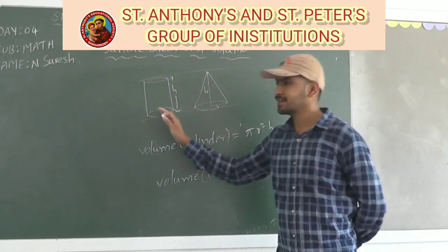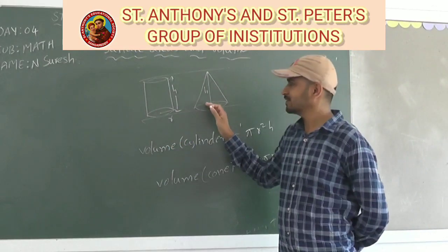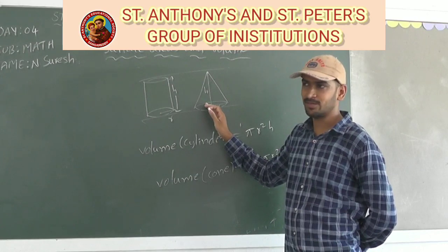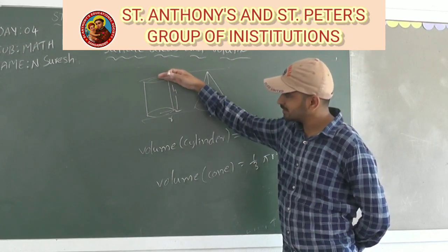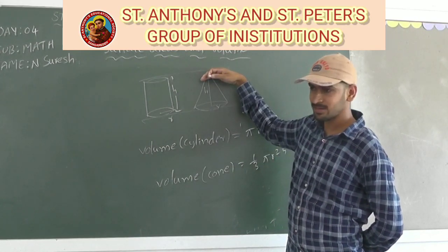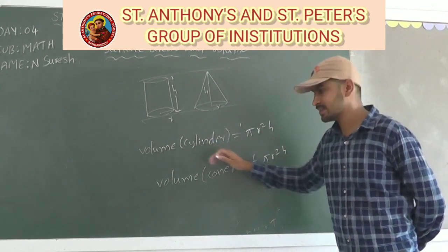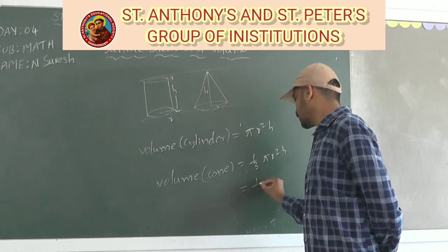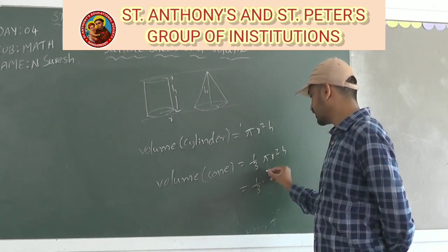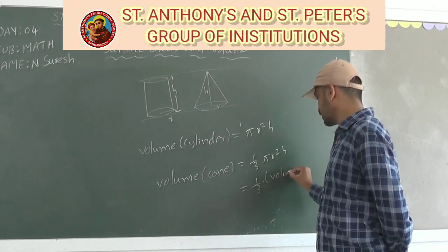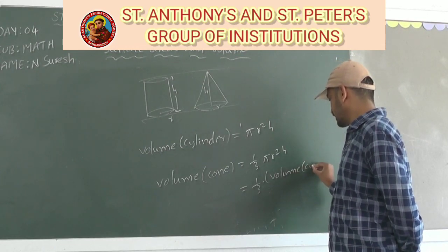Radius of the cylinder and radius of the cone are both equal, and the heights are also the same. So pi r square h we can replace with the volume of the cylinder. So 1/3 of volume of cylinder.